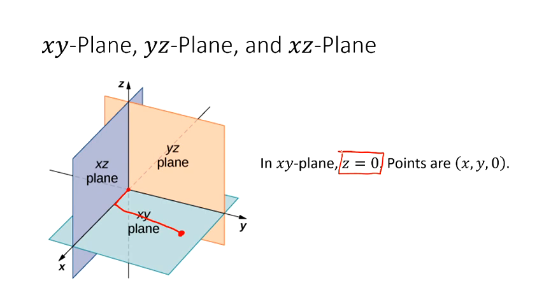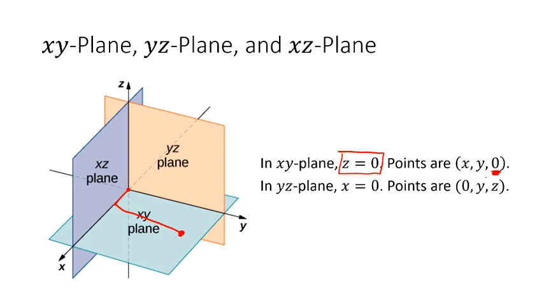Our x-coordinate of the point can be any real numbers, negative infinity to infinity, right? Depending on how many units we move. Our y-coordinate, again, can be any real numbers, but our z-coordinate has to be 0 so that we're still staying on that floor at the xy plane. Right?